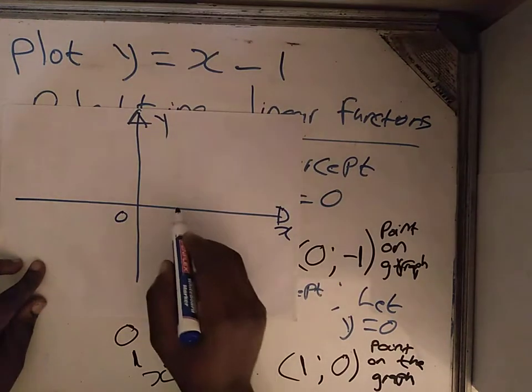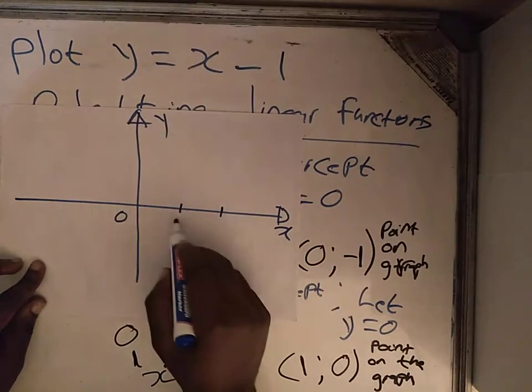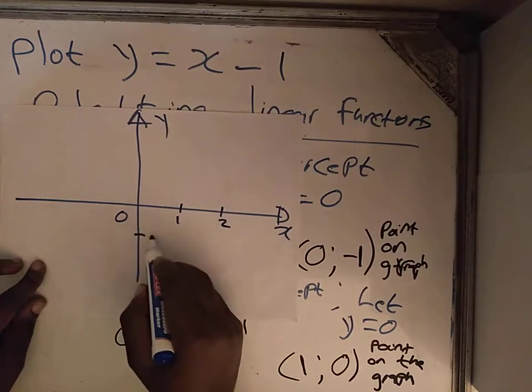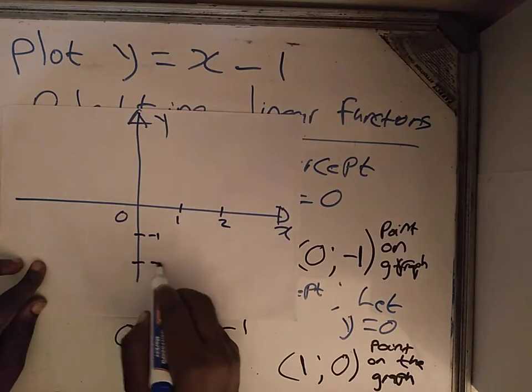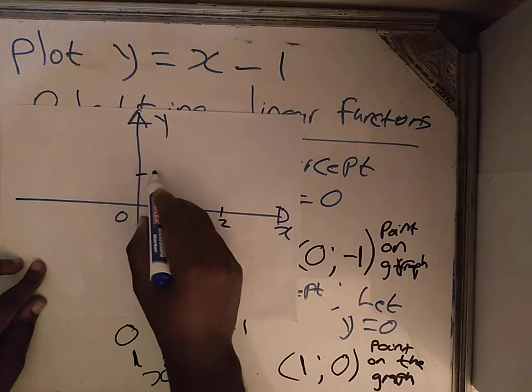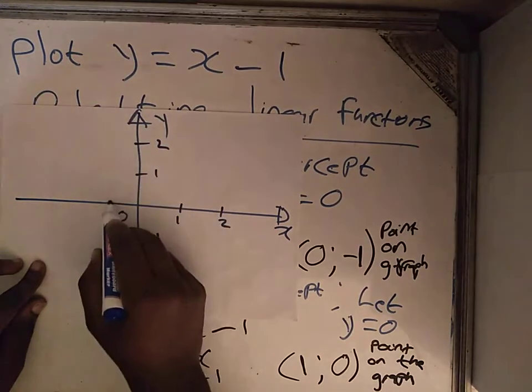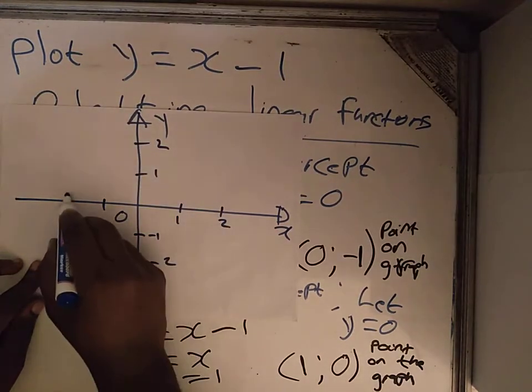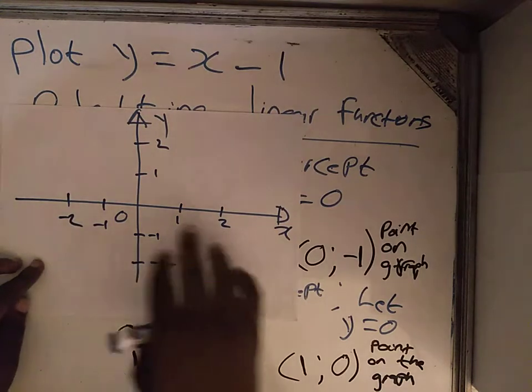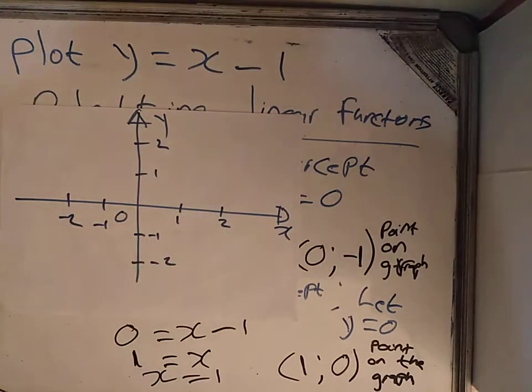And then we've got 1 here. Let's say 1, 2, and then minus 1, minus 2, and try to make sure that these lines are more or less the same, just so that it looks nice. They do not necessarily need to be the same, but just to make it look nice.